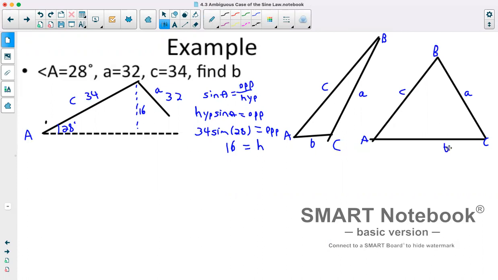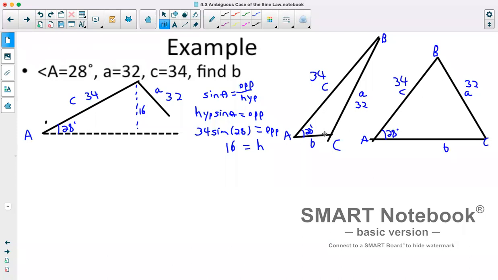Put in the values that we know. So we know A is 28 degrees. Our C is 34. And our side length A is 32.